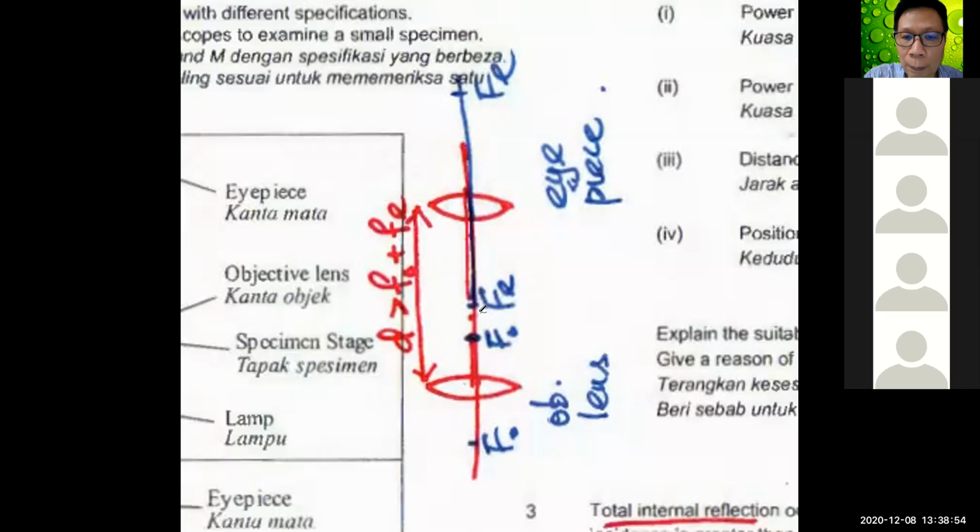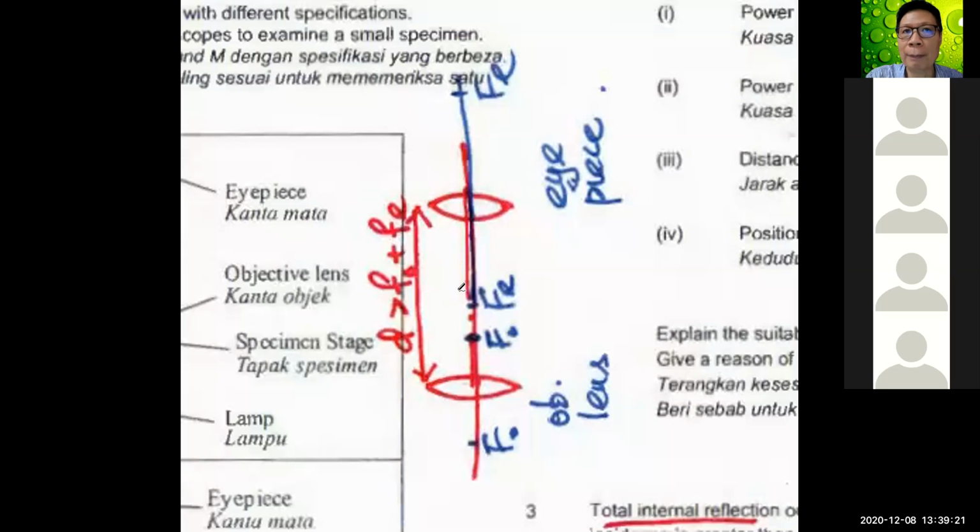Another thing to pay attention to is between FO, the focal point of the objective lens, and FE, the focal point of the eyepiece, there's a gap, meaning FO and FE don't meet up. They are separated with a gap. But for a telescope, FO and FE meet at one same point.